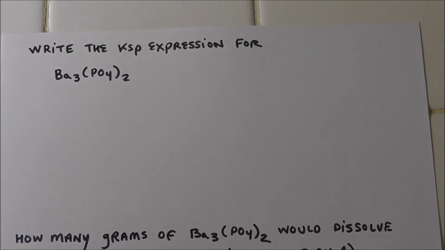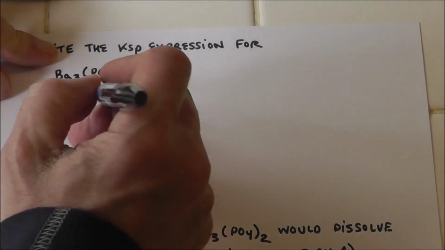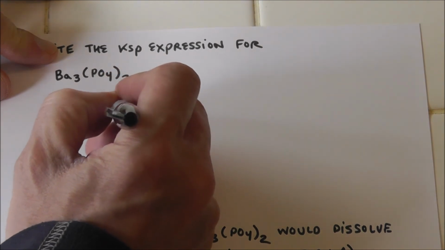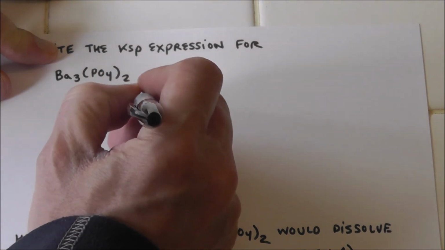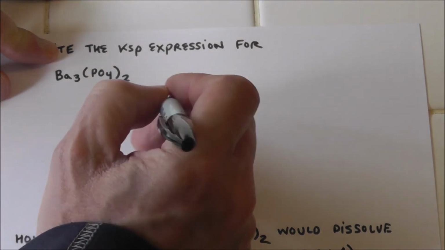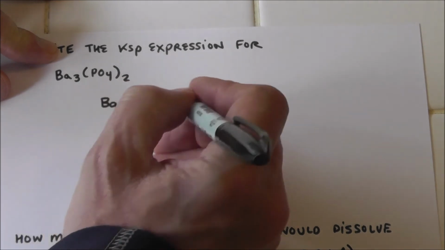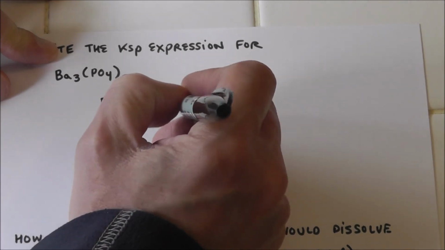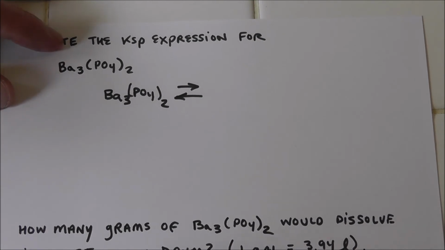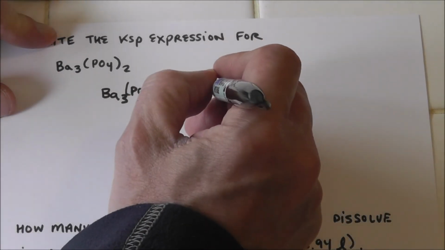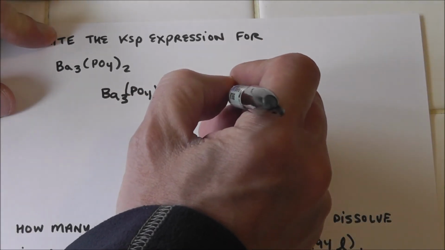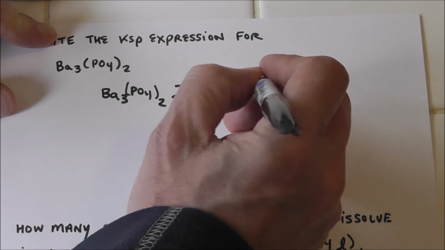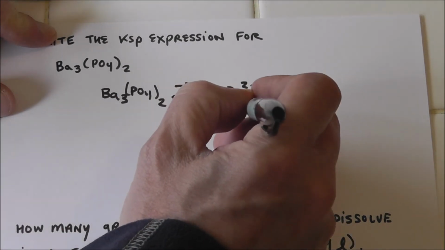All right, this one gets a little weird. The more ions there are, it gets weirder. Barium phosphate. Remember that phosphates are, well, back to good old Gen Chem 1 like we always are. Barium being in group 2 makes a positive 2 ion.